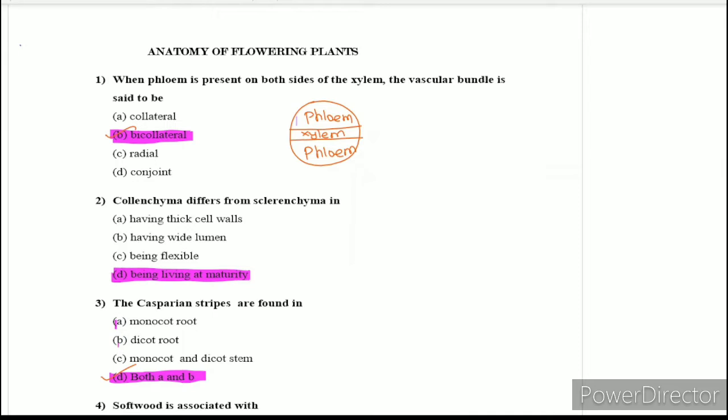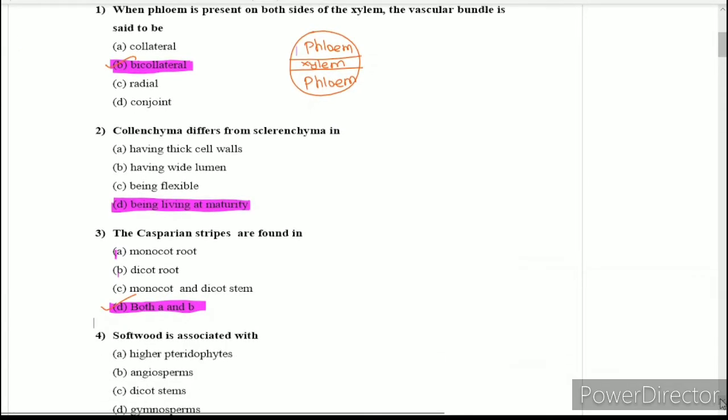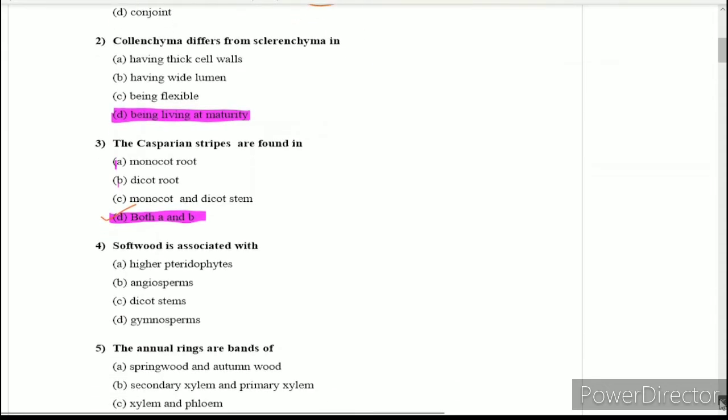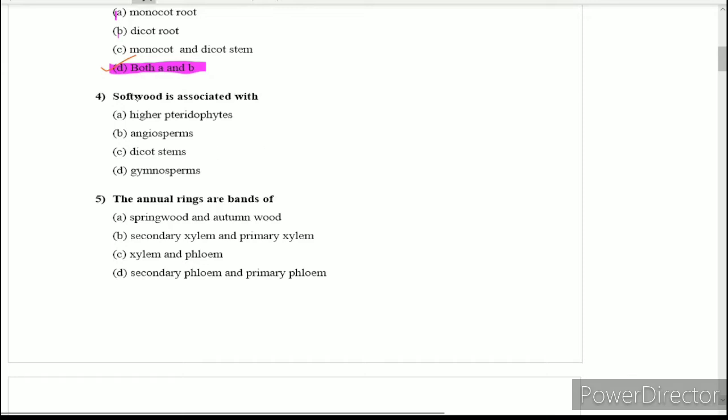Okay. The next question. Fourth question, softwood is associated with option A, higher pteridophytes, option B, angiosperms, option C, dicot stem, and option D, gymnosperms.